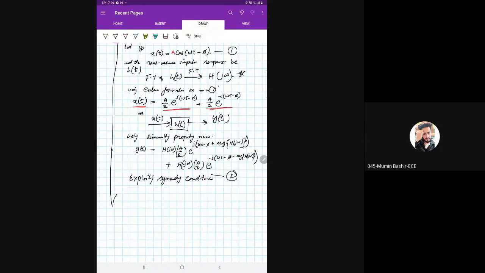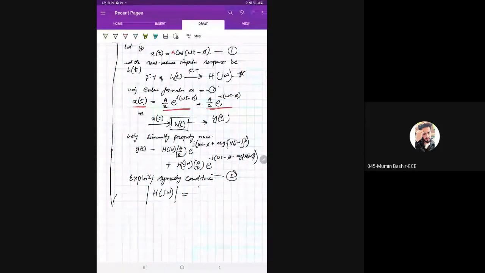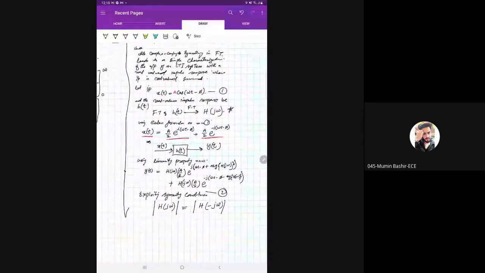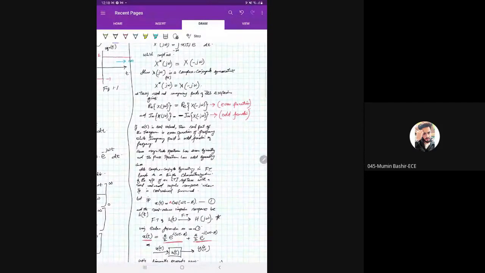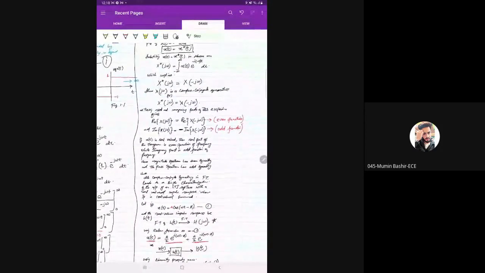Using symmetry, exploiting symmetry conditions, the magnitude of H of j omega will be equal to the magnitude of H of minus j omega.